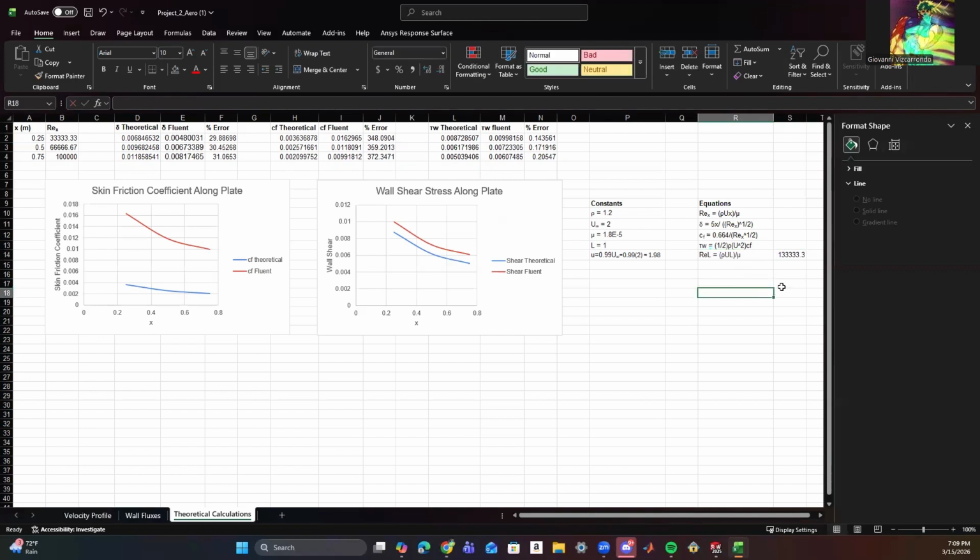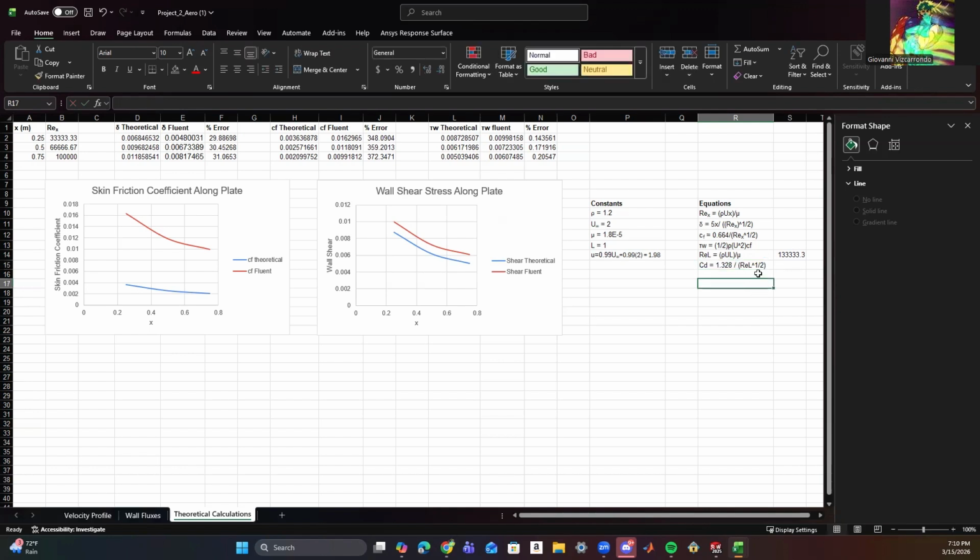Now the drag coefficient, CD, rearrange the equation, equal to 1.328 divided by RE_L to the power half, so you have to square root it. Because it's really 1.328 over the square root of RE_L.